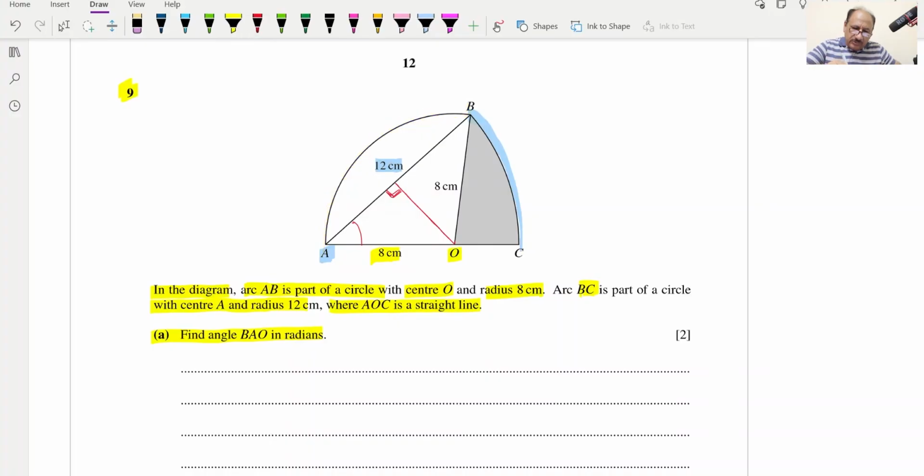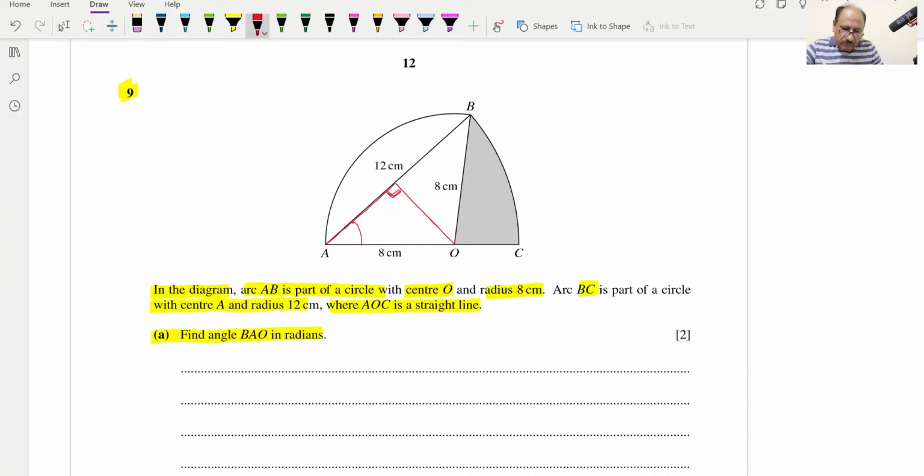I will remove this shading as well. Now what else can we do? I will draw this complete triangle so that you will better understand.